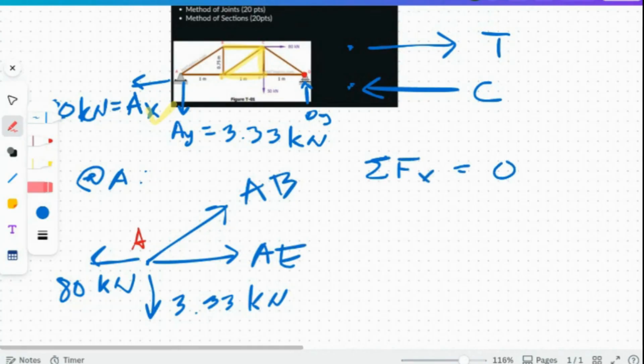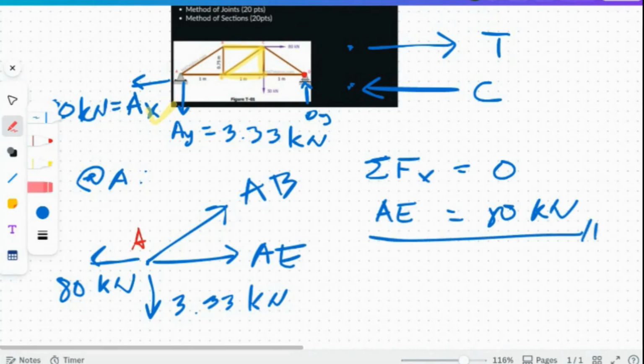So summation of forces horizontal equals 0. What we have going to the right, that's AE, is equal to going to the left, 80. So that's our force AE. We could call this force AE and force AB. Okay, so that's 80 kilonewtons.